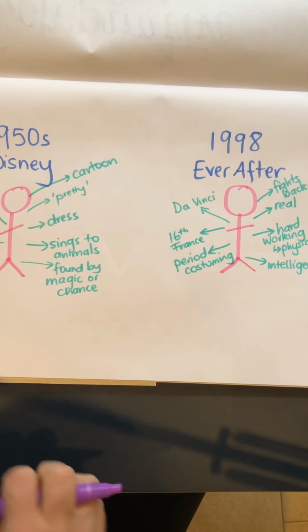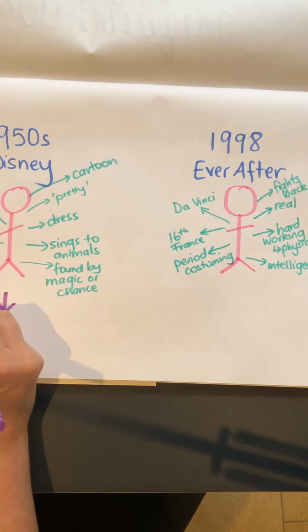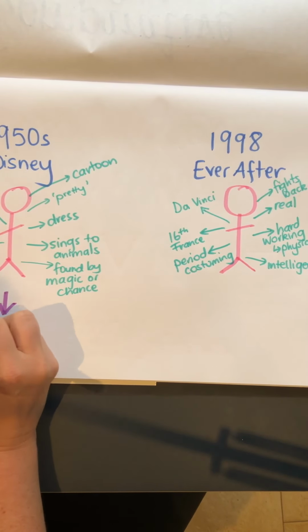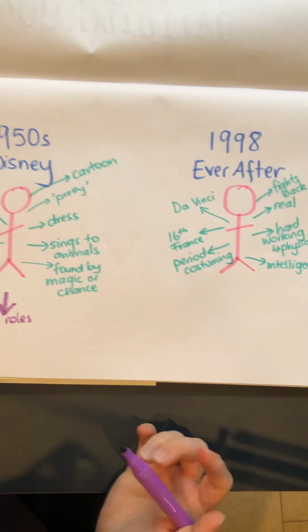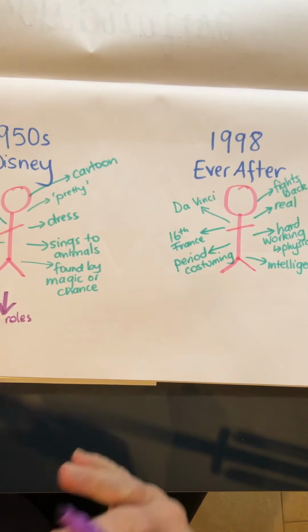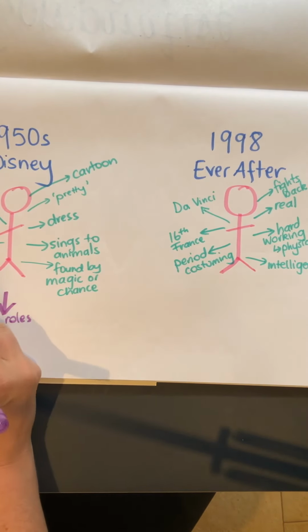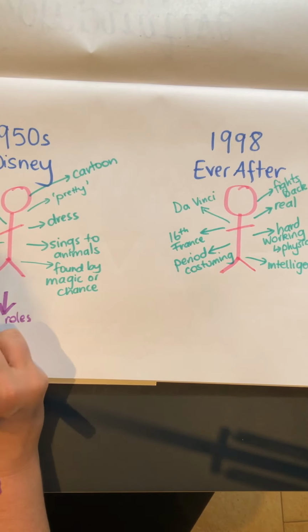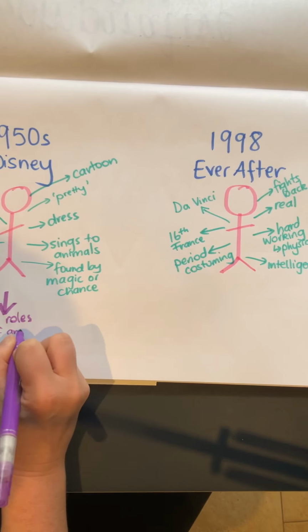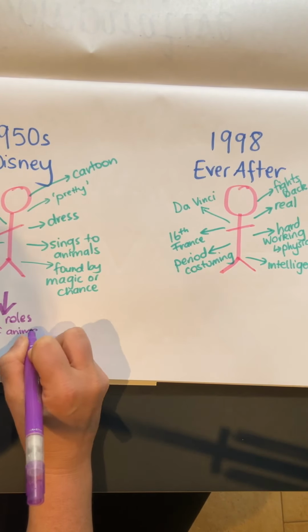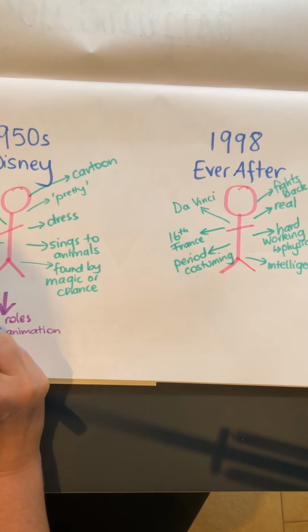So if I go over here and I look at the 1950s, I can say, all right, 1950s, we still have pretty rigid gender roles. We still have women being overtly feminine and soft and needing to be cared for and swooning and all that kind of stuff. We've got animation. So perhaps we can argue that a lot of it comes down to the style of animation that was expected. Perhaps we also have this idea of innocence of childhood.